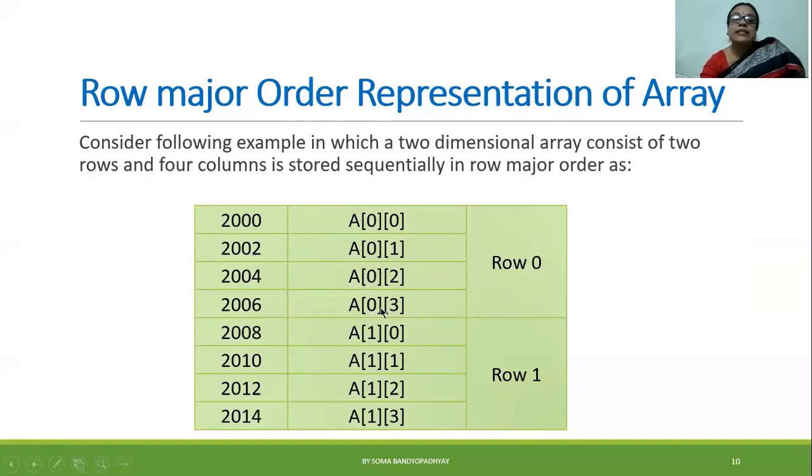Thus, the A03 element is stored in memory location 2006. So these are the elements of row 0. Now, the elements of row 1 are A10, A11, A12, A13, which are stored in the memory locations 2008, 2010, 2012, and 2014.